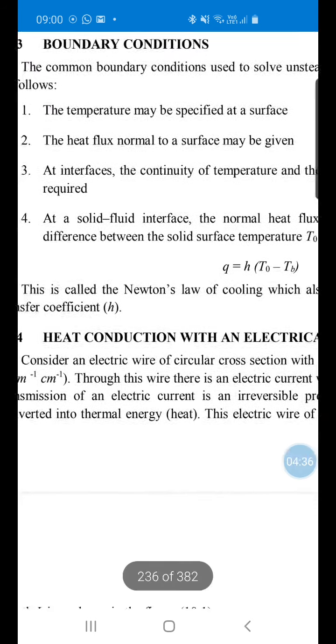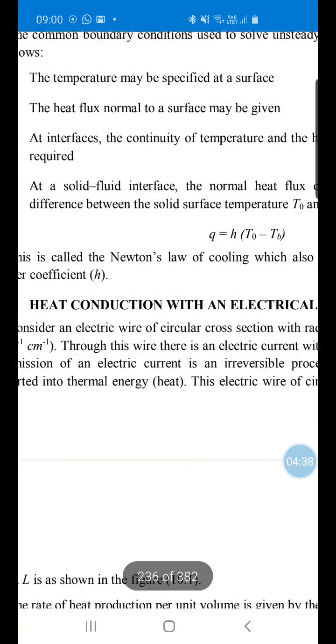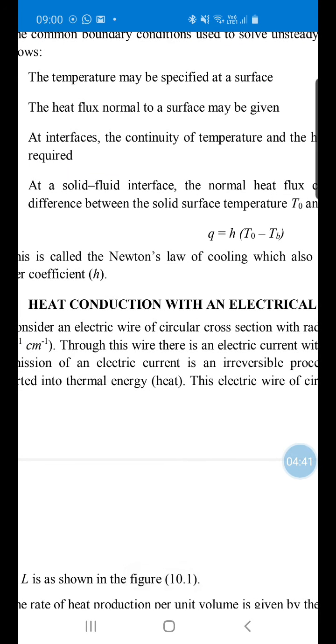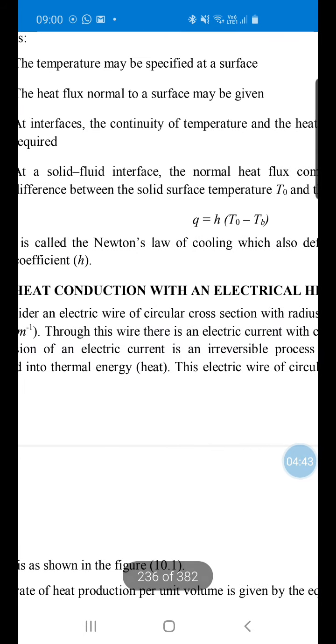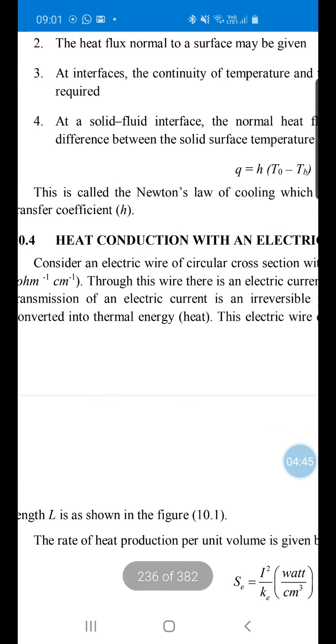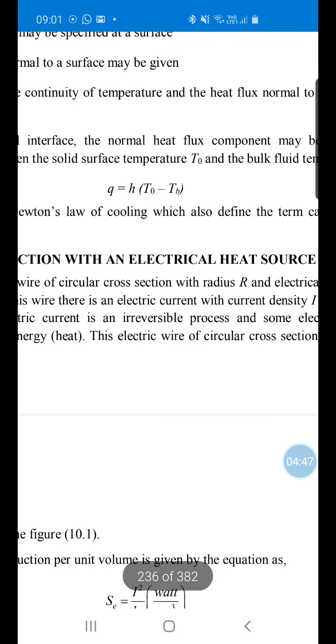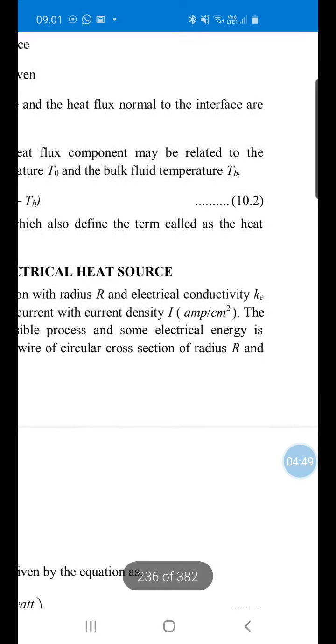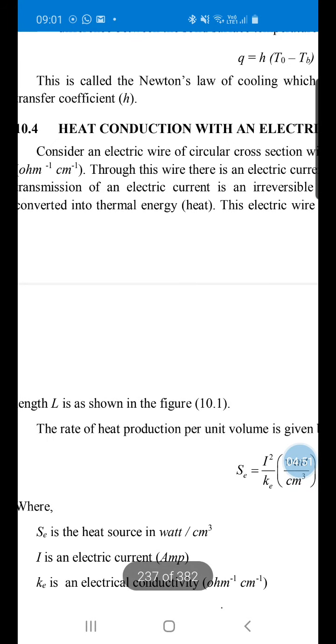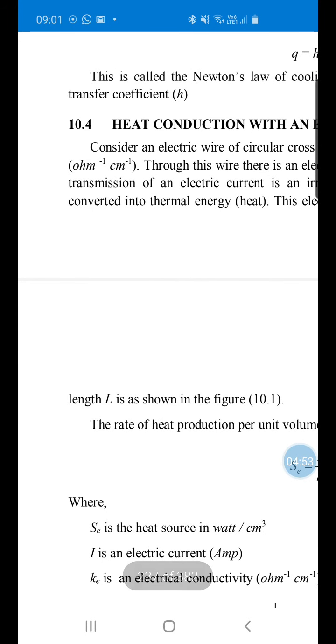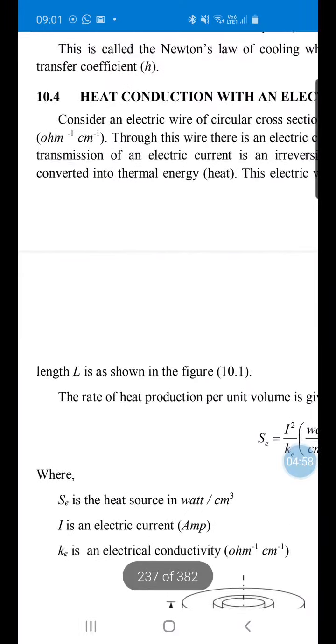And at a solid-fluid interface, the normal heat flux is given by q is equal to h into (T0 minus Tb). This is called Newton's law of cooling, which also defines the term called the heat transfer coefficient. So h is called the heat transfer coefficient.